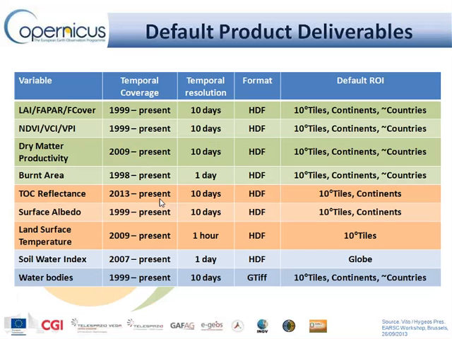So you have a historic baseline of data. The temporal resolution is in most cases 10 days. For the land surface temperature, it's 1 hour, and you can retrieve it in 10 degree tiles or in continental tiles or for countries.